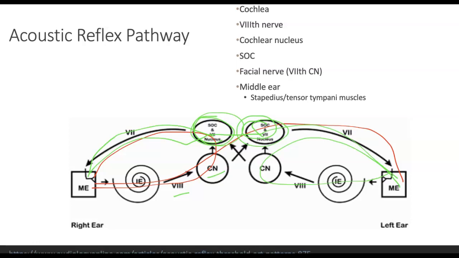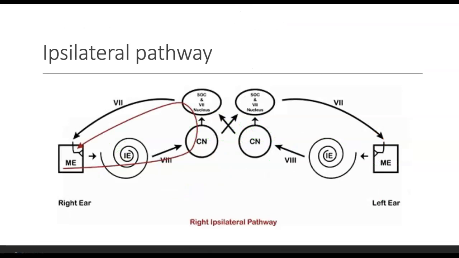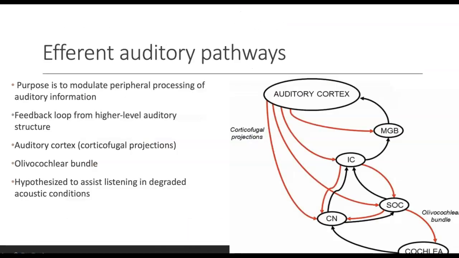But I like to show it because it highlights the central auditory nervous system's role in auditory processing. There's the ipsilateral, there's the contralateral. And then we talk about the efferent auditory pathways.